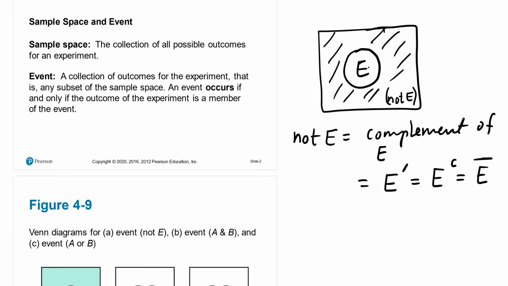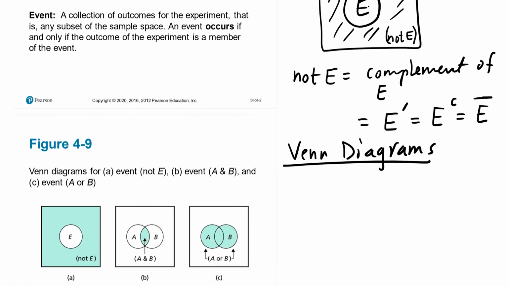Sometimes you're talking about two events that share something in common. How do we represent this? To represent that, we use what we call Venn diagrams. How do they work?